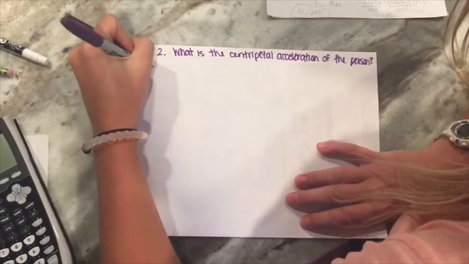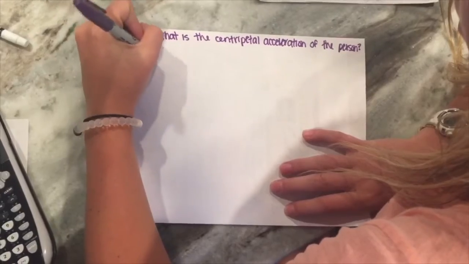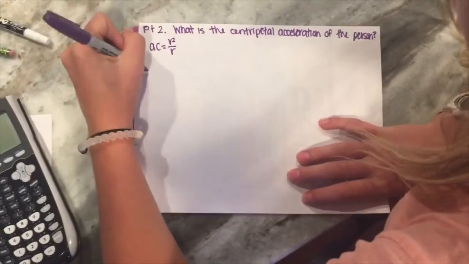What is the centripetal acceleration of the person? To solve this problem, I use the AC equals V squared over R formula.